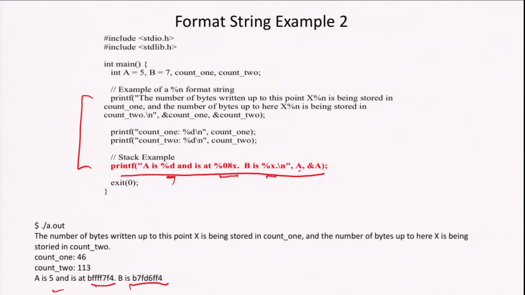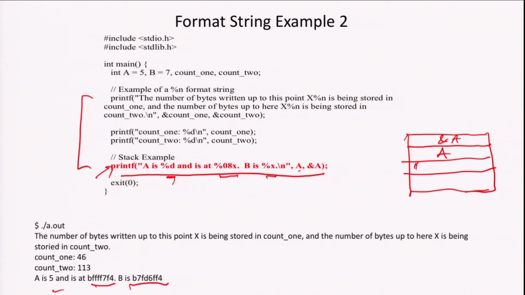Remember that this printf function has 2 inputs. So let's see the stack frame when this printf is called from main. In this stack frame, remember the stack grows from top to bottom, and the inputs are in reverse order. So these will be the arguments of this function: a, and then a, and then the string, and so on. When you had a b here, that b would be here.